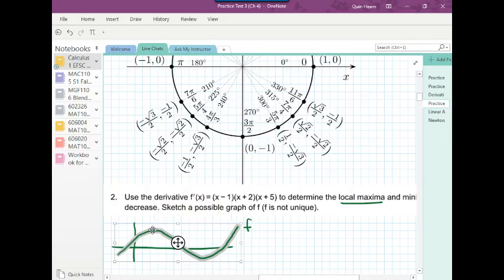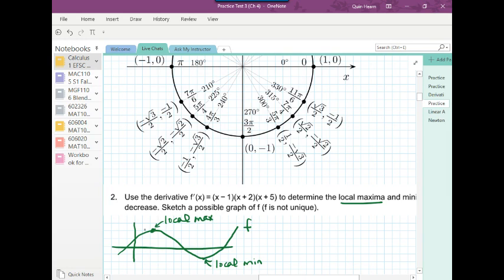And the reason that's important to local maxima or local minima is this. Let's pretend that this is our graph of the original function f. What we mean by a local maximum is the top of a hill, a peak. So this would be a local max.